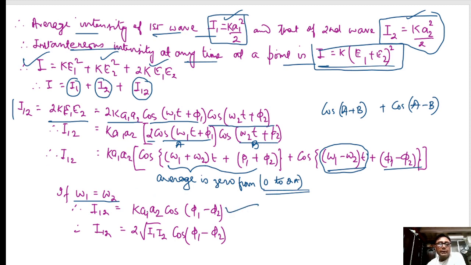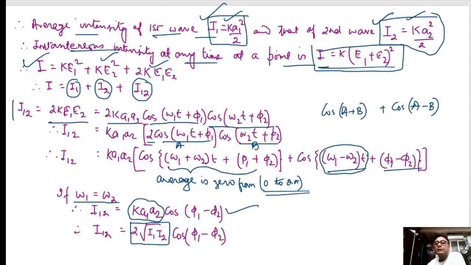Now please watch this part, k a1 a2. What is k a1 a2? It is actually 2 root I1 I2, because I1 is k a1 square by 2 and I2 is k a2 square by 2.